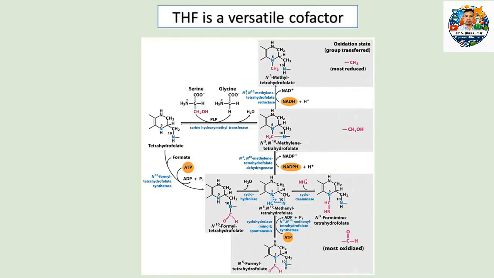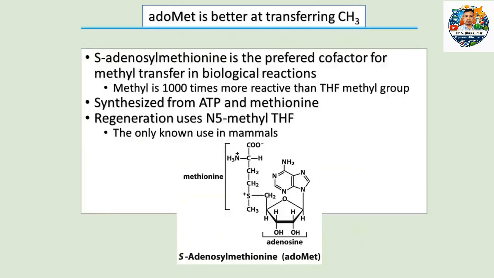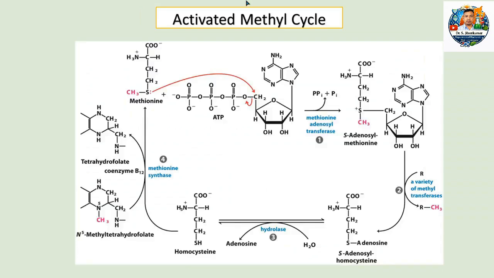So it seems like N5-methyl tetrahydrofolate is the ultimate donor, but since it cannot take part in most of the reactions where a methyl group is transferred, it transfers its methyl group to methionine, and methionine is used as the donor for this methyl group. So let's see the cycle of this methyl group.